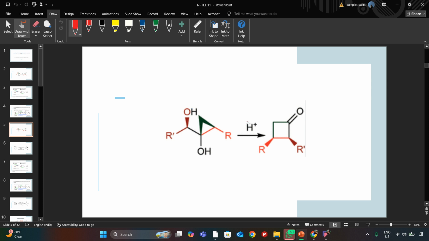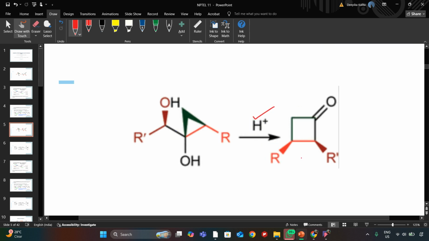At first, in presence of the acid in the reaction medium, this hydroxy group is going to get protonated to give us oxonium. And in the next step, loss of water molecule will take place and we will get a carbocation.